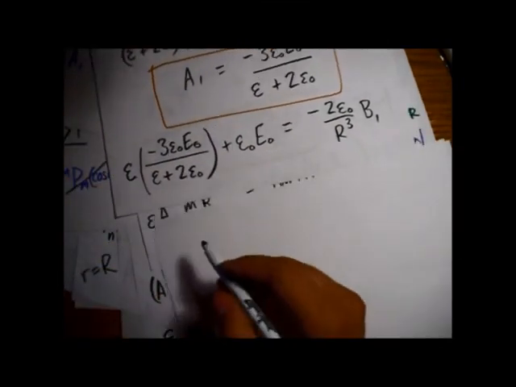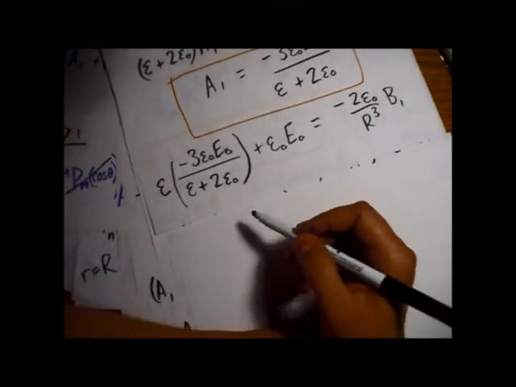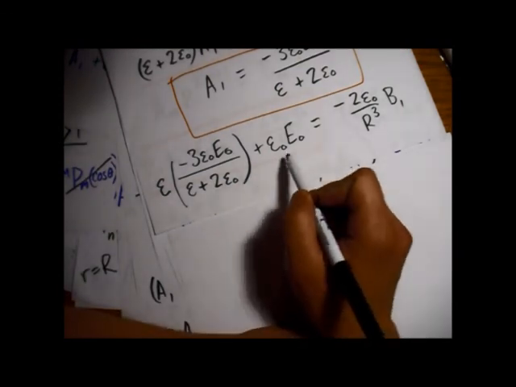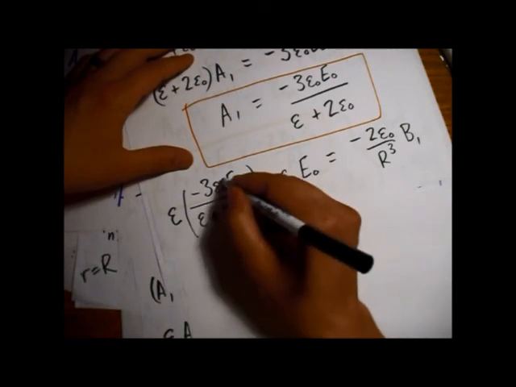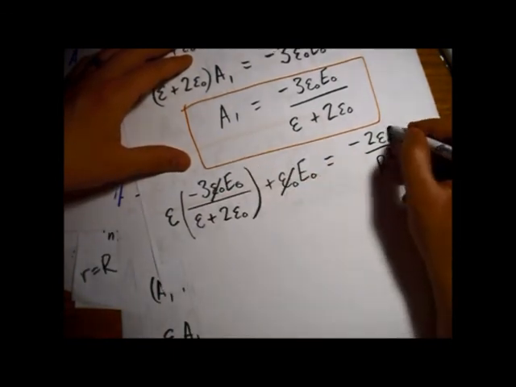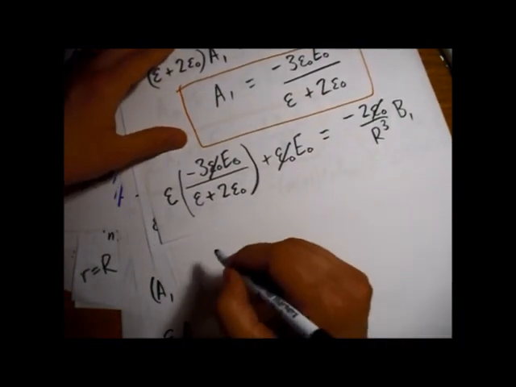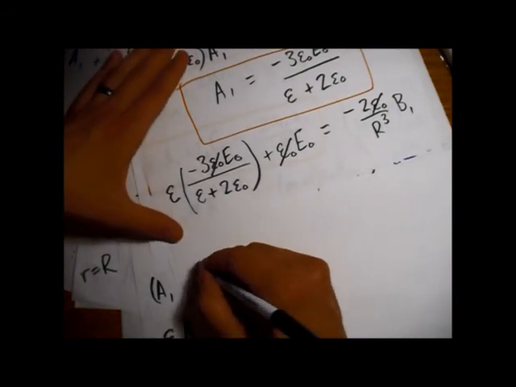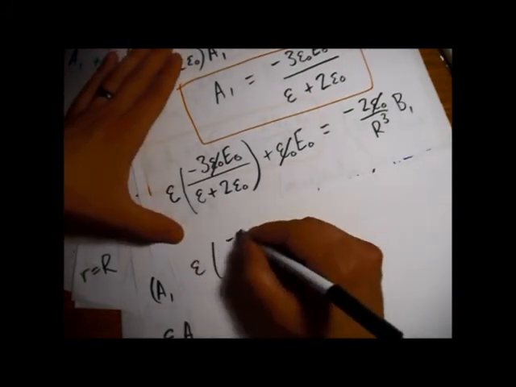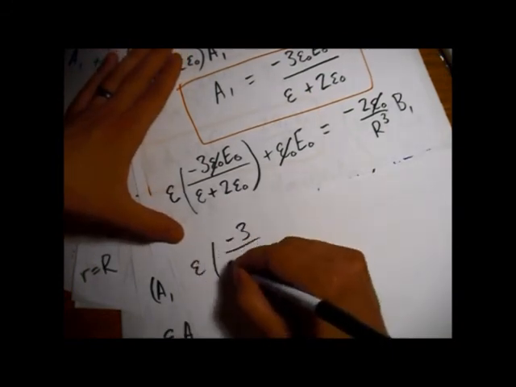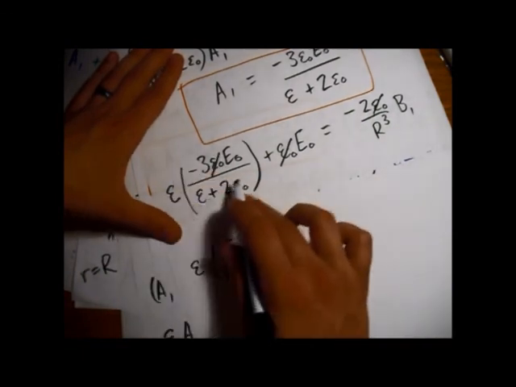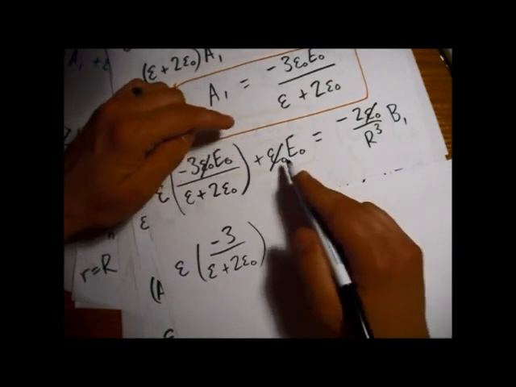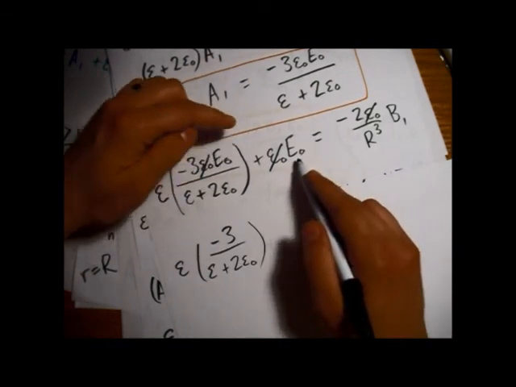So let's see if we can simplify this at all. First of all, let's just take out this epsilon naught guy, because he appears in all 3 places. Epsilon minus 3 epsilon plus 2 epsilon naught. Okay, here's this part.